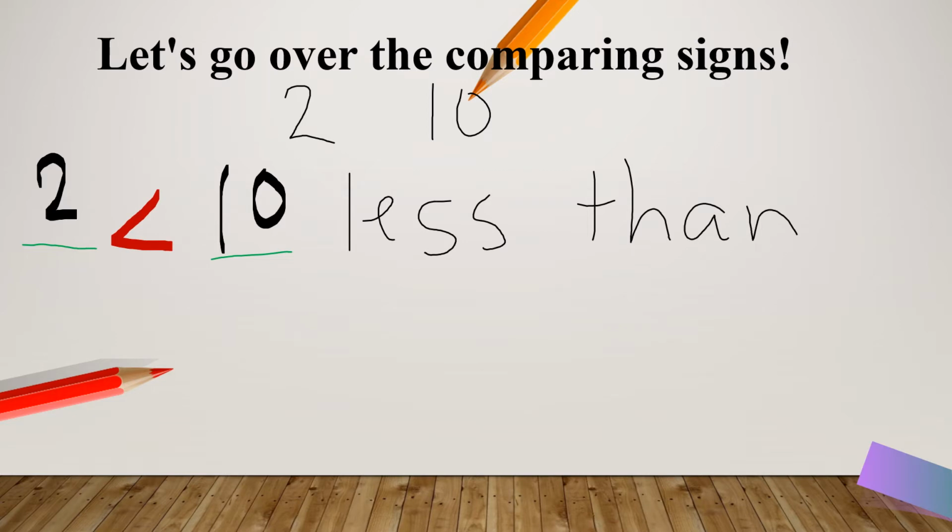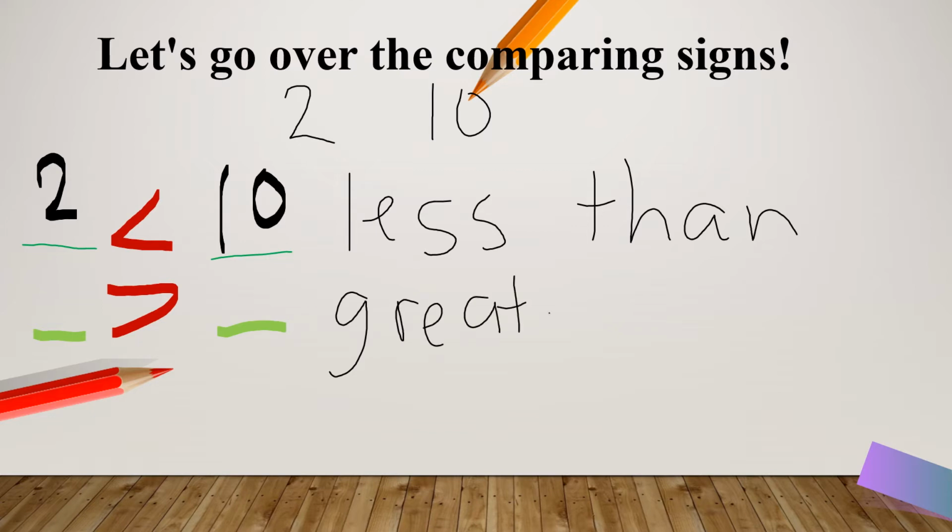Let's go to the next sign. Our next sign looks like this. This sign means greater than. So let's write greater than. This means that our number on this side is bigger than the number on this side.